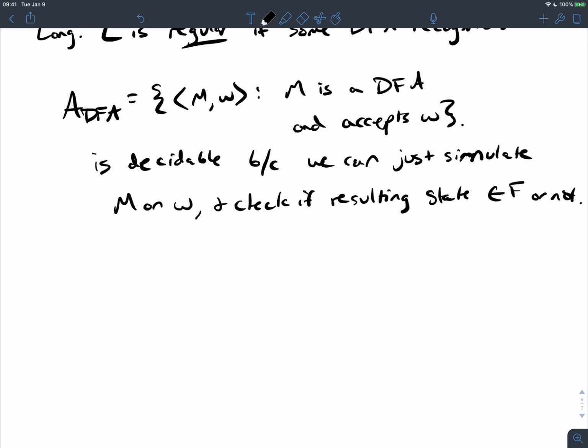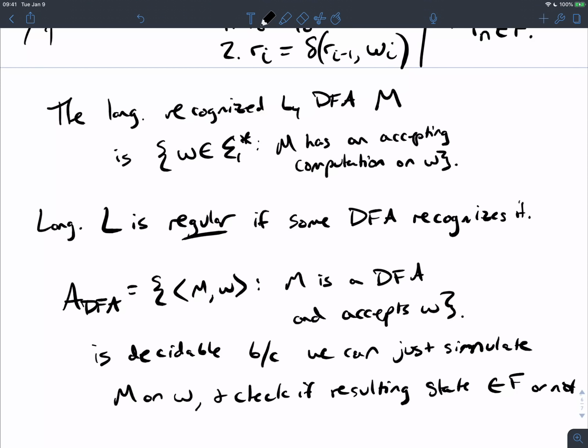Question on the part of the language recognized by DFA. To me, it seems like it should be that it's decidable, not recognized. It's just an unfortunate notation. It should be decided, yes, but it's just an unfortunate notation thing.